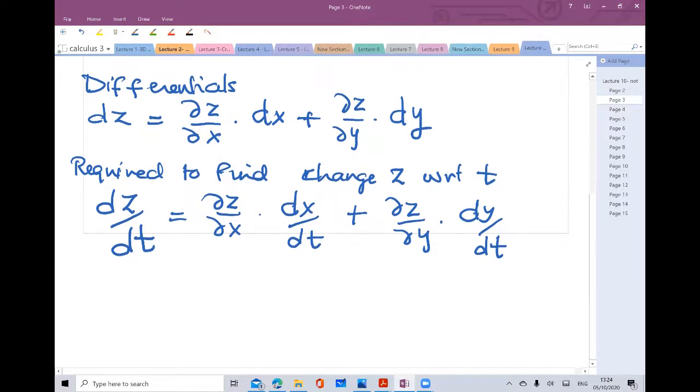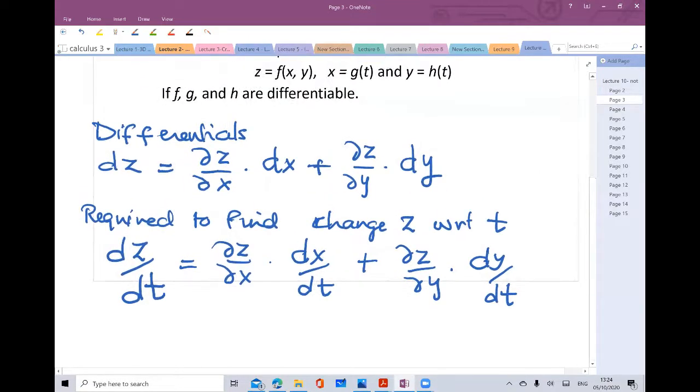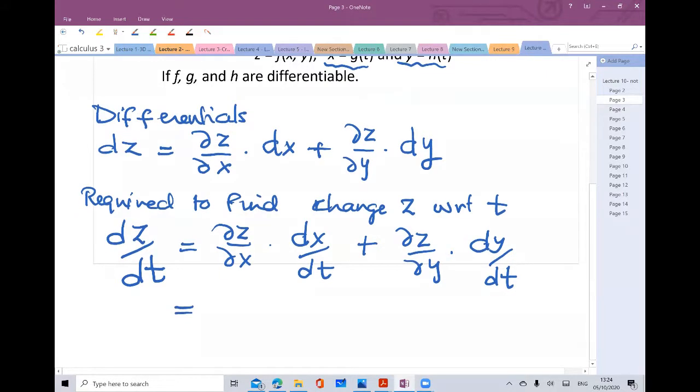When I go back to my functions, x is a function g of t and y is a function h of t, and I want to go back to the relevant derivatives: partial z partial x is my partial derivative f sub x of the function of x and y.